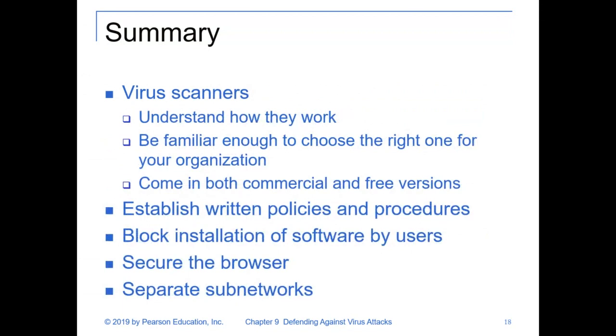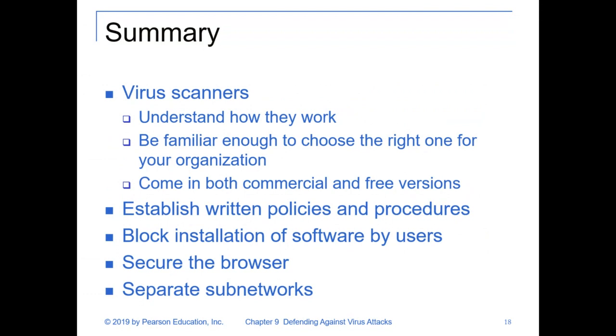We've looked at some of the different antivirus programs. You want to make sure that you understand how each one works and that you're familiar enough to choose the right one for your organization, whether that is a paid commercial version or a free version.